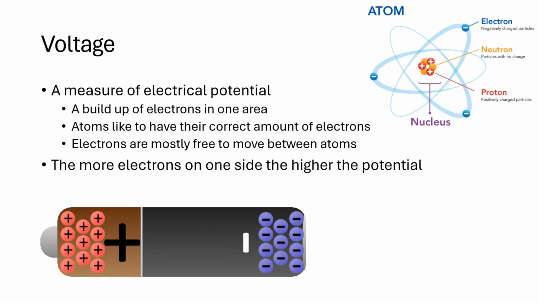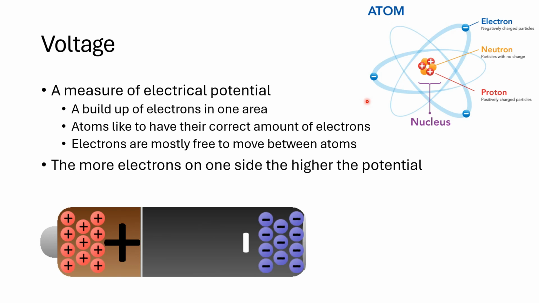So what is voltage? Voltage is the measure of electrical potential. So if you look at this atom here, the atom is made up of electrons, neutrons, and protons, and the neutrons or protons make up the nucleus, which is the middle part. So those electrons are somewhat free to move around between atoms.